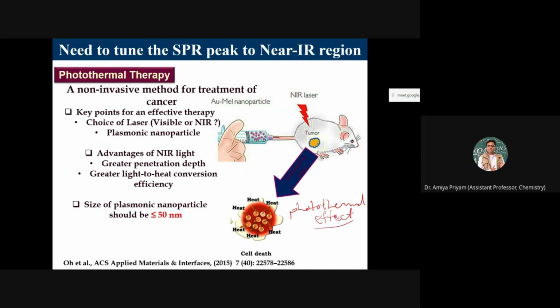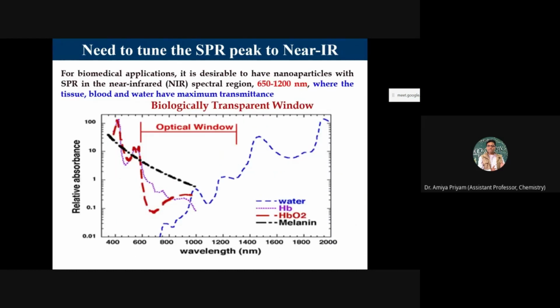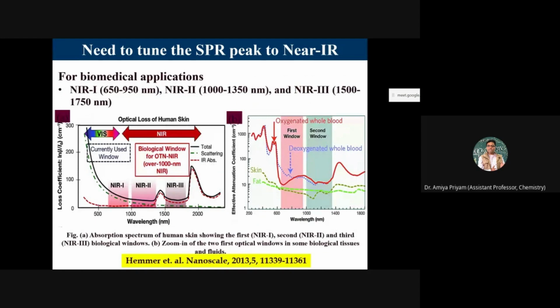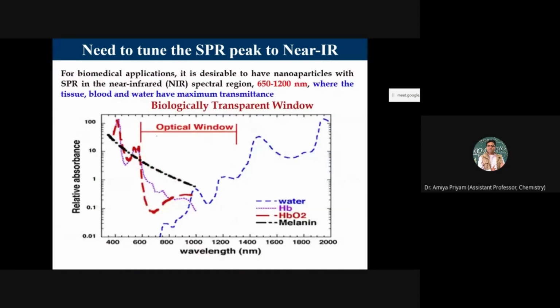And due to the substantial heat that is produced, the cancer cells get killed. So this is the window that I was talking about, the biologically transparent window, and there is an effort to tune this SPR peak, SPR wavelength into this region, 650 to 1200 nanometers.